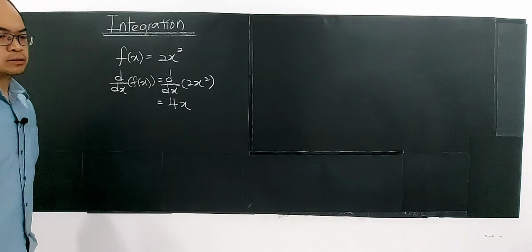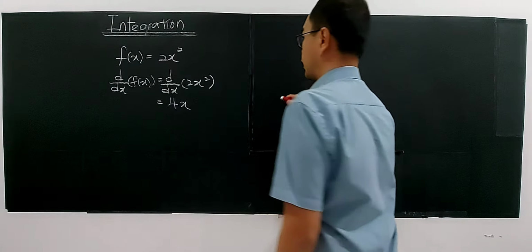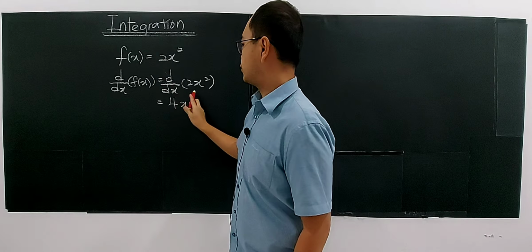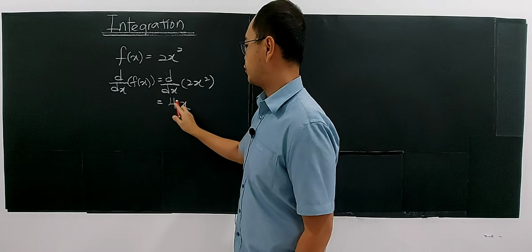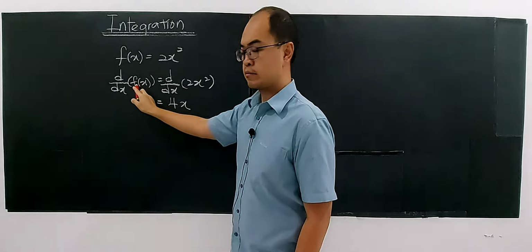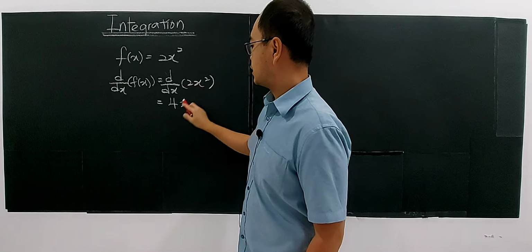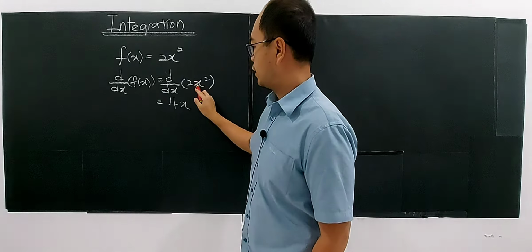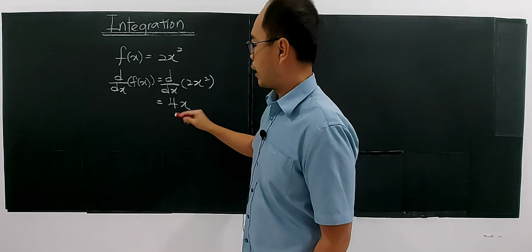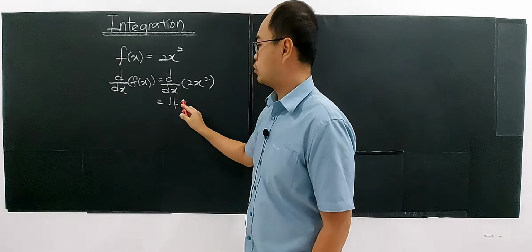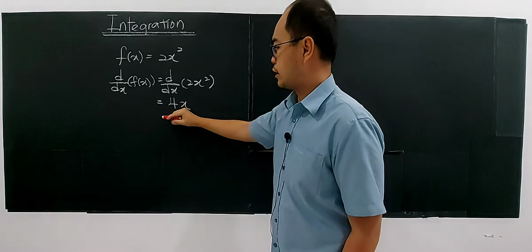So this is the derivative of f(x), the derivative of 2x squared. Now I want to integrate 4x.